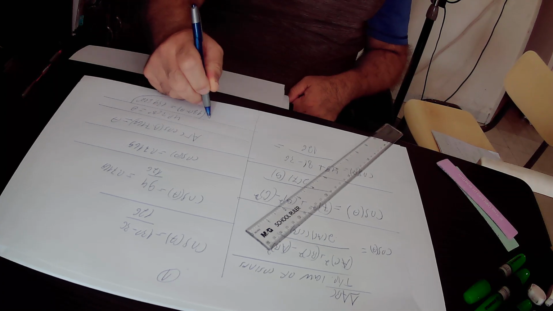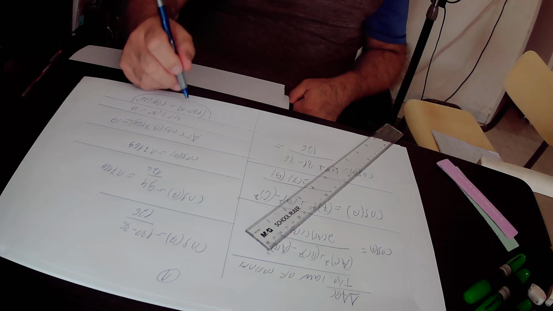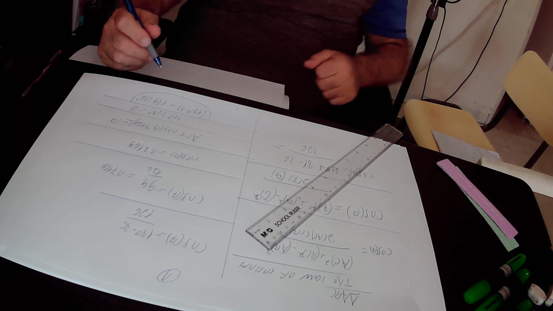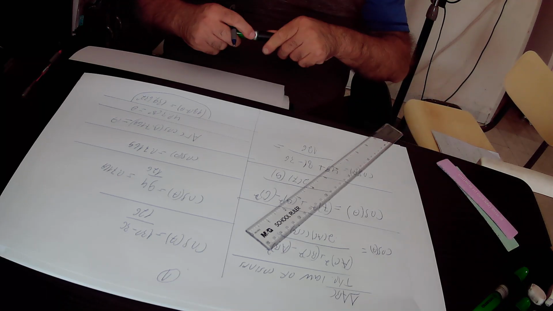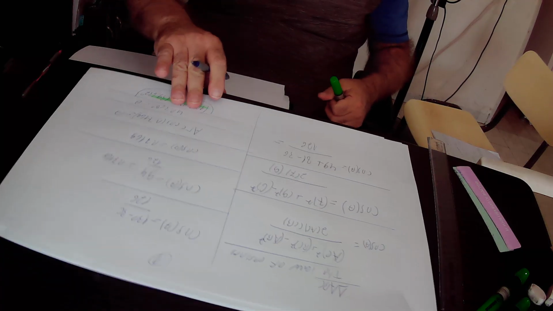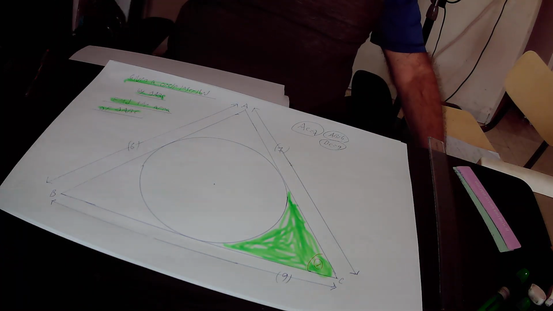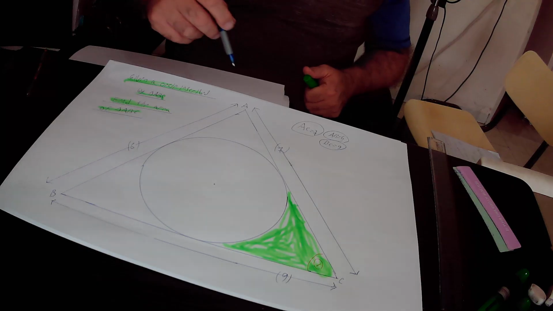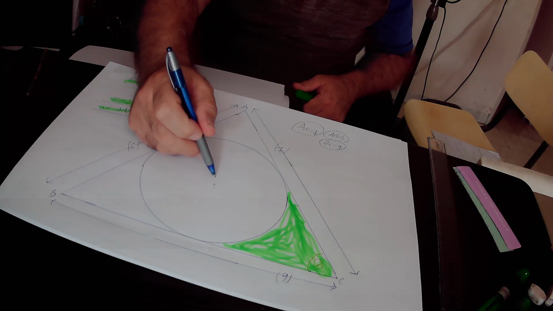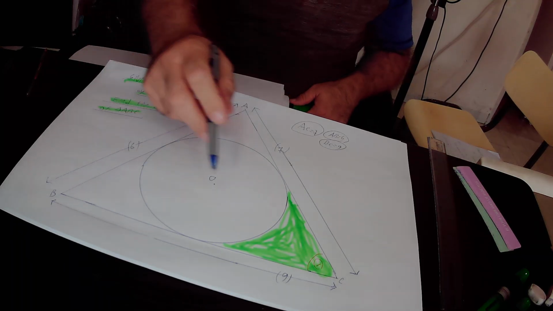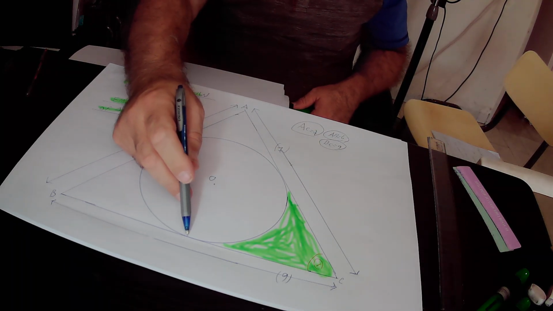So in total, 180 degrees minus theta is equal to 139.632 degrees. In the next step, we'll define the center of this circle. This point is point O. We'll define the point of tangency of tangent BC with this circle. This point is point L.